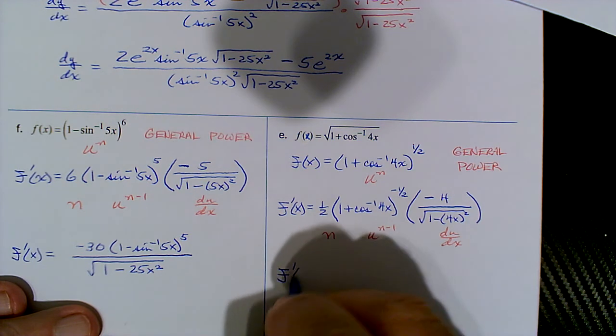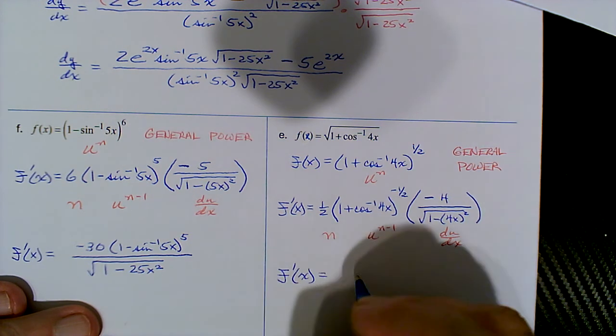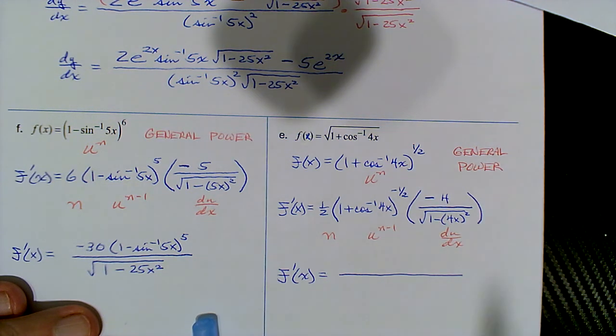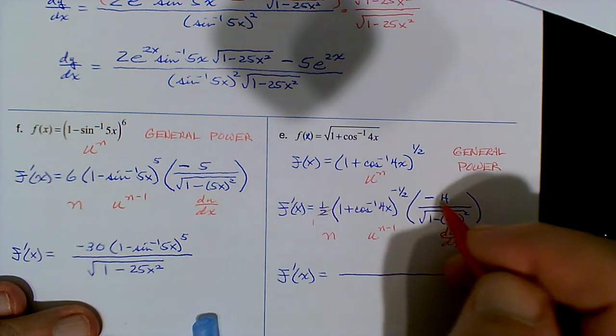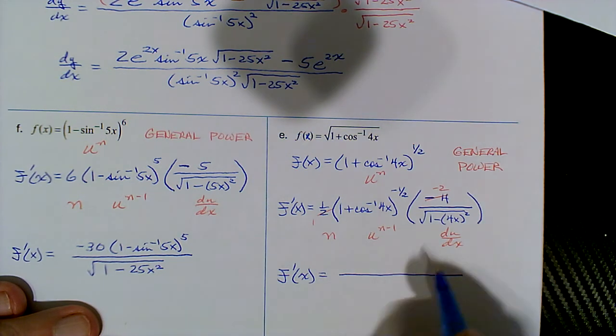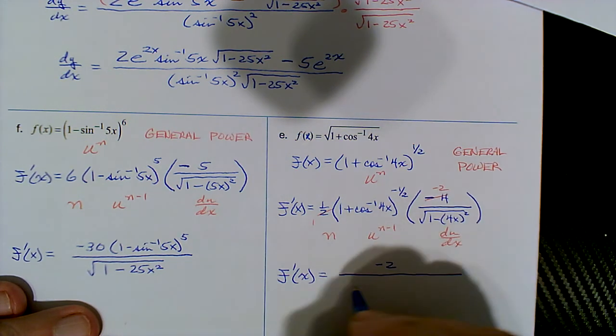So f prime of x would be, I'd probably also cancel the 2 with the negative 4. So it looks like the only thing in the numerator is the negative 2.